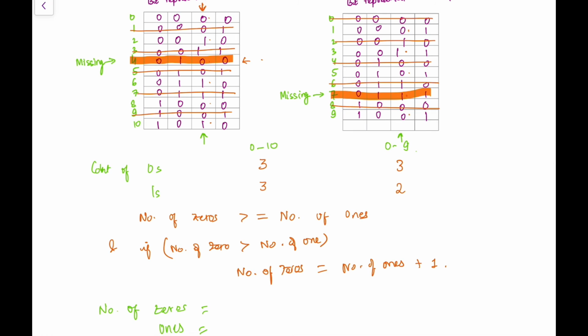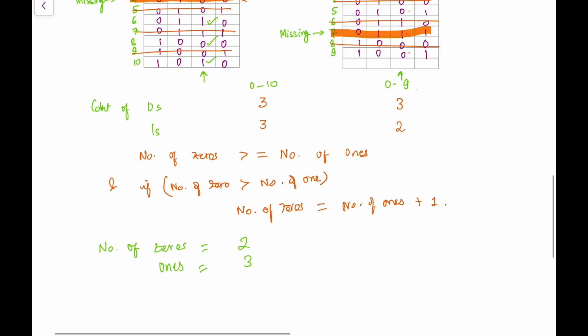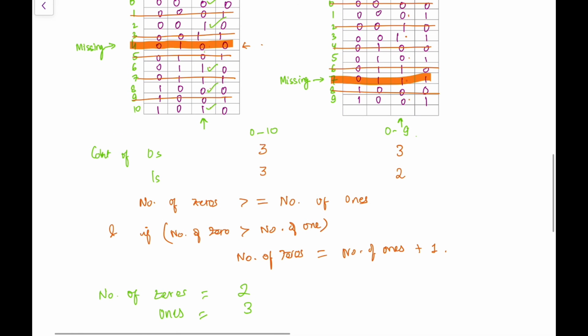So while solving this question, what we'll do, we'll find the number of zeros at this particular column. So number of zeros is 1 and 2. Number of ones is 1, 2, 3. Right? So if I increase, the number of ones will be greater than number of zeros, which is not possible. So this significant bit is a 0 here, which is the case.